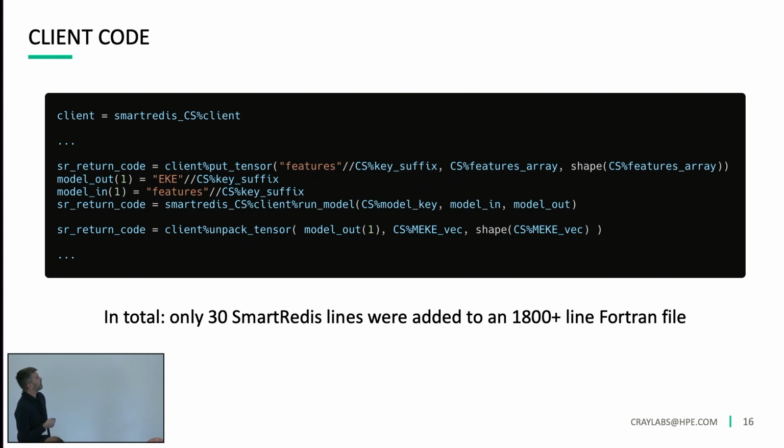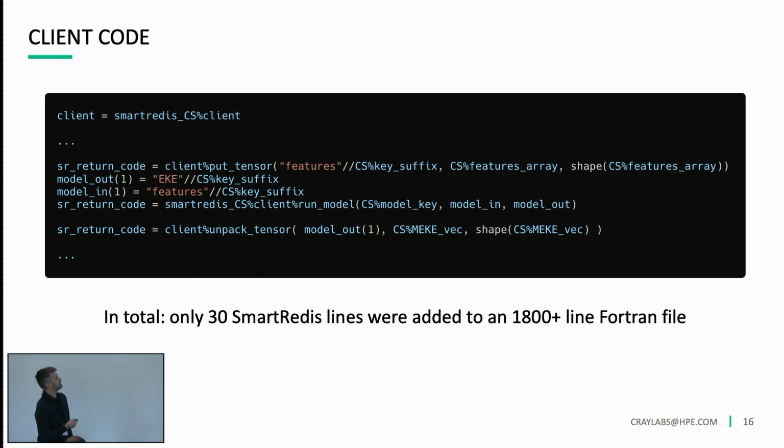Here you see the core, starting the client, which is what is used to communicate with the orchestrator. Put in the tensor, so the tensor is basically the snapshot of your simulation at that moment with all the fields it needs to put on the database, defining the names of the output and the input of whatever inference you want to run with AI, and then run the model on the database using the tensor you have just put on it.